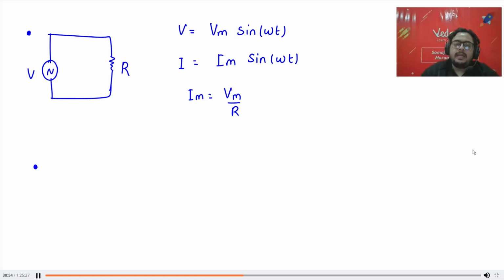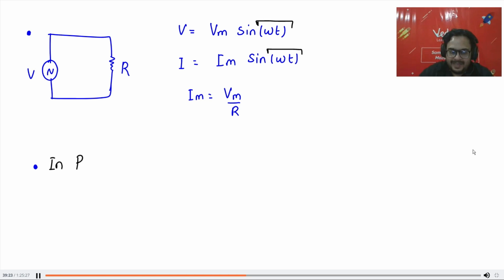Can you tell me the phase difference between current and voltage? See the phase of voltage. What is the phase of voltage? It is omega t. What is the phase of current? It is also omega t. So what is the difference? There is no difference.